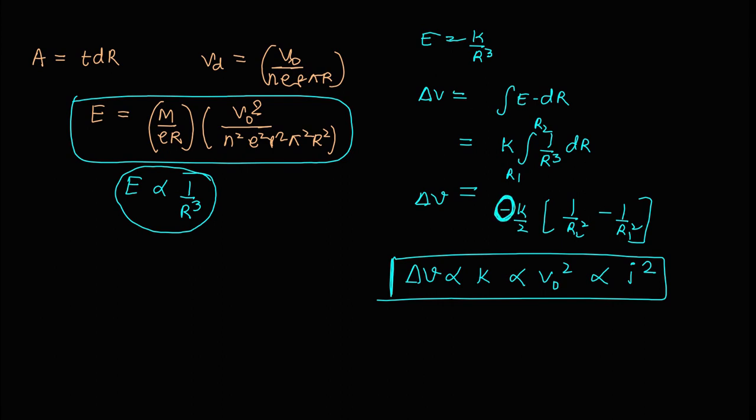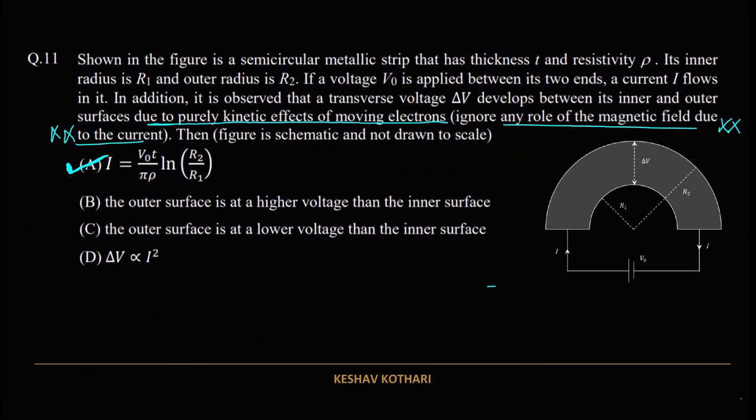So all this is going to contribute to this problem. The outer surface is at a lower voltage than the inner surface, and delta V is proportional to I square is also established. That is why I said that it is a very interesting problem. It is going to consume a lot of your brain while you solve this.